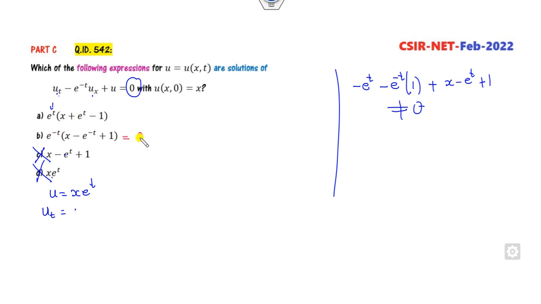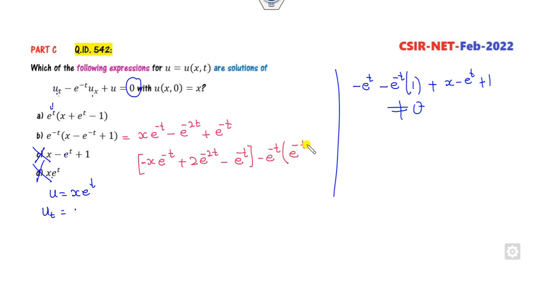So firstly I can open this bracket. This minus e raised to power minus of 2t plus e raised to power here. So partial derivative with respect to here. So it is this minus plus 2 times minus of this. This is a partial derivative with respect to t minus partial derivative with respect to x.